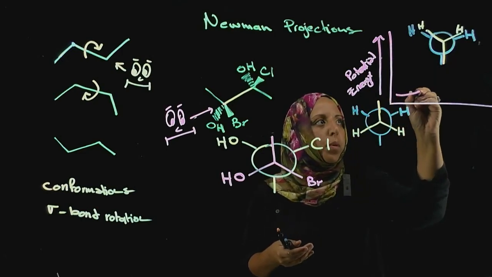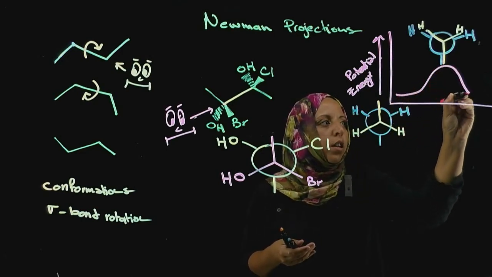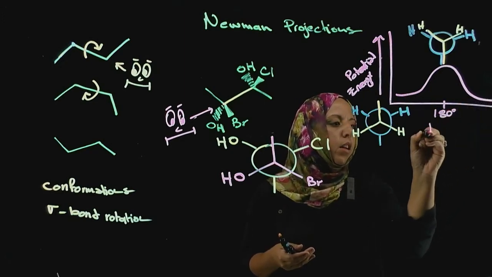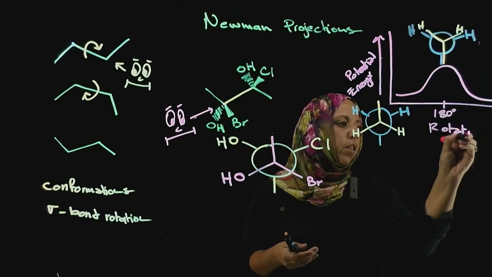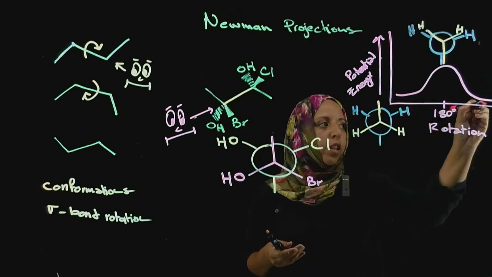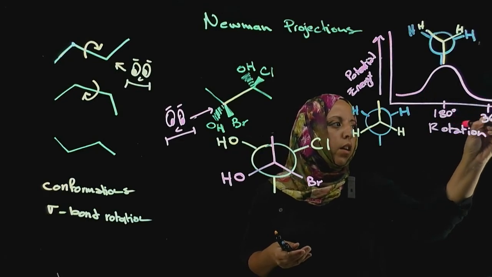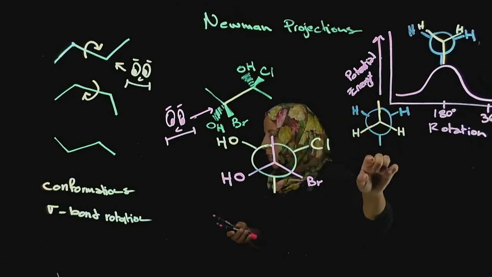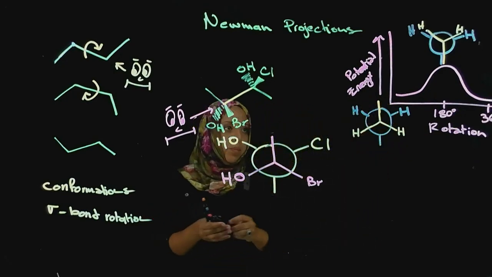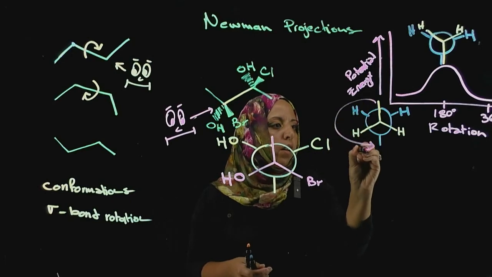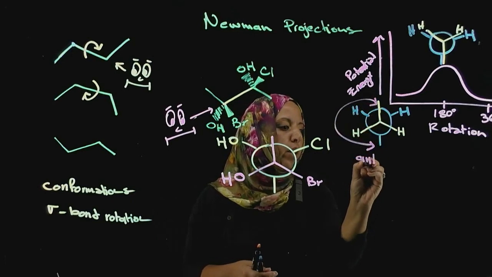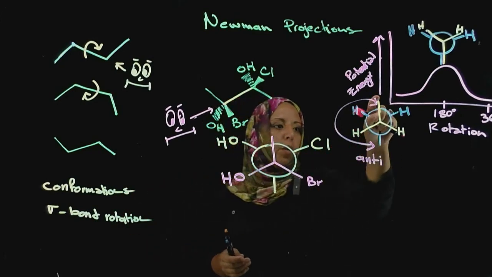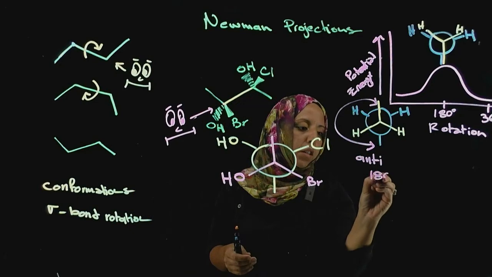If we draw it, this could be our anti-conformation. This is our different conformation. And all we did here is a 180-degree rotation, right? And if we rotate another 180 degrees, we're going from these 2 groups being as far apart as possible, anti to each other. They're what we call an anti-conformation. They're as far apart as possible, basically.